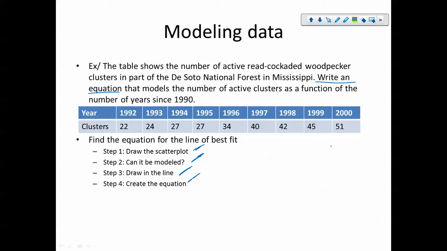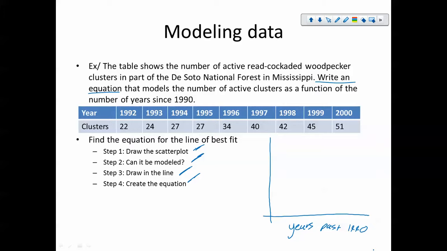So let's draw the scatter plot. What I'm going to do this time is draw just the top right part of the graph, because that's all I need. But for the year, I don't want to deal with 1992 and 1993. So I'm going to label this one down here, years past 1990.